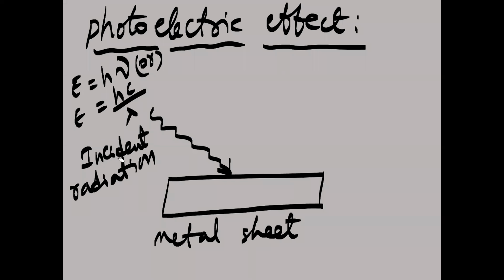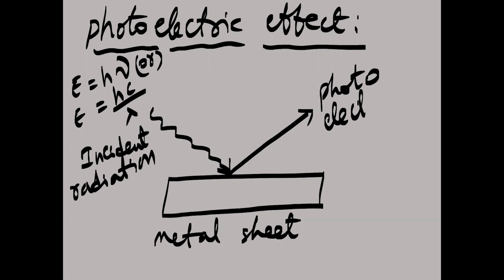When this radiation falls on the clean metal surface, some electrons are emitted. These electrons are called photoelectrons, emitted from the surface of this metal sheet.